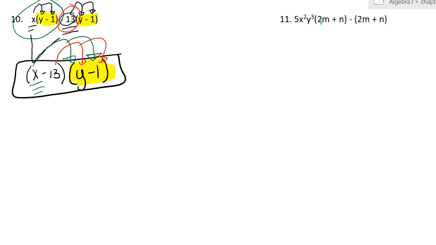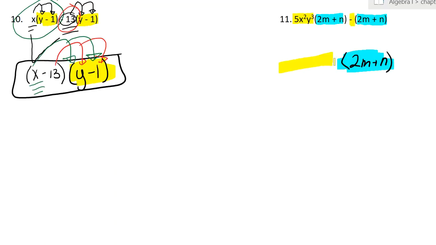So again, you'll notice in number 11, the two quantities 2m plus n are exactly the same. So that becomes one grouping in itself, 2m plus n. But then you'll notice that we have this 5x squared and this y cubed, and there's really nothing else out there.